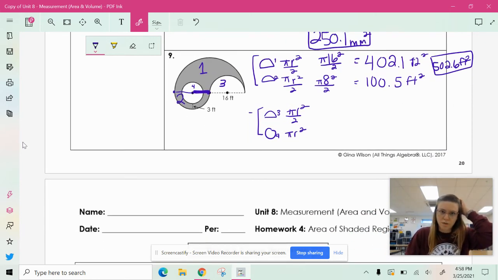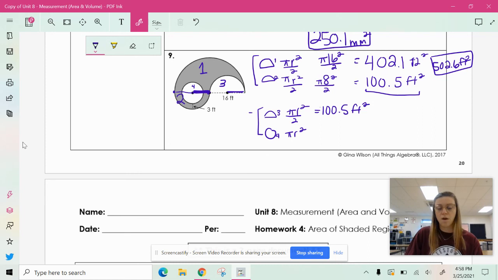This semicircle has a radius. If the diameter is 16 all the way across, that means the radius is only 8, which means that's the same as this. So 100.5 feet squared, because it's still 8. This semicircle down here and this semicircle up here are the same. Now I need this little circle.